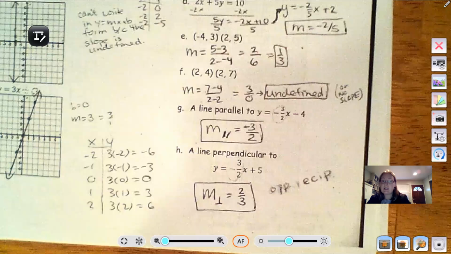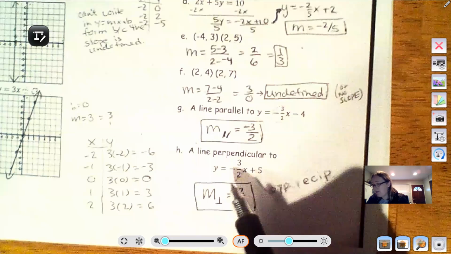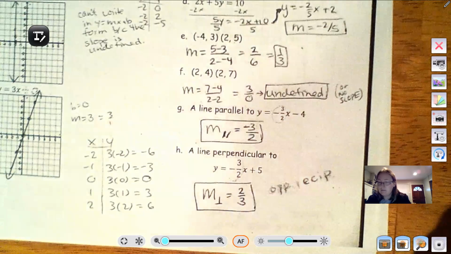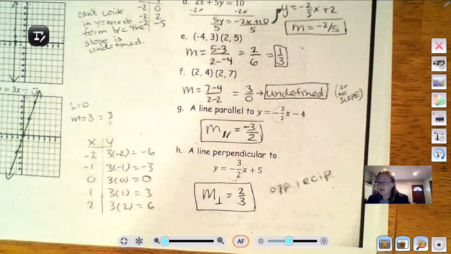So parallel lines have the same slope. Perpendicular, you do opposite, so negative to positive or positive to negative, and then reciprocal, so you flip it. So that's like a crash course on the different ways slope can be dealt with.